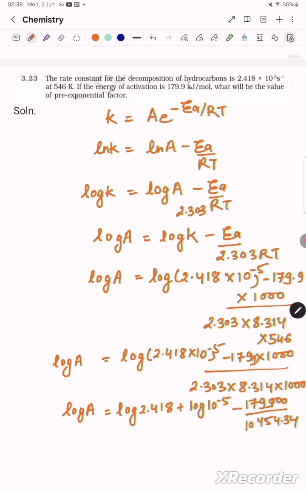Now after calculating, log A is equal to log 2.418, that is 0.383, minus 5 log 10. Log 10 value is 1, so this will become minus 5.